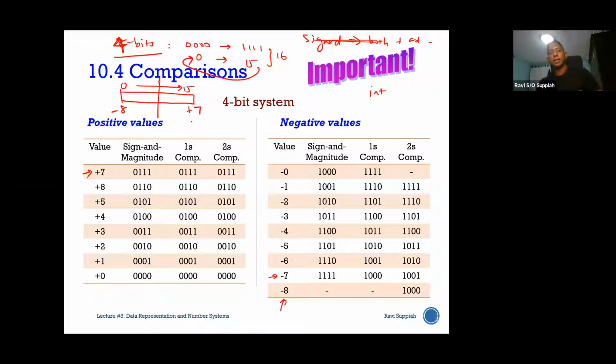But in a signed number, that means positive and negative, when I'm at the highest most positive number and I add 1 to that, when I roll over, what happens? I will roll over to the smallest negative number.